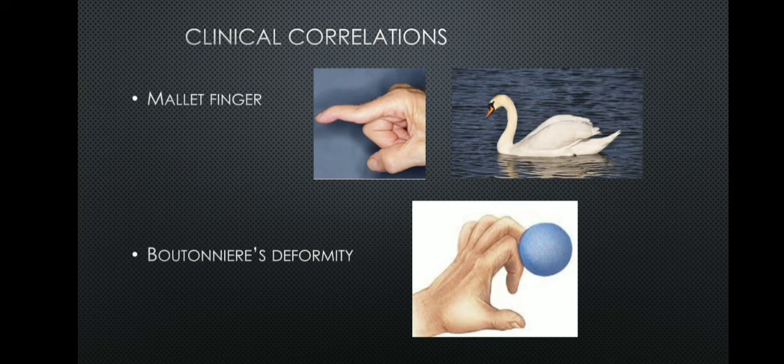This deformity is a common clinical sign for even rheumatoid arthritis, and this mallet finger, due to the insertion of the extensor tendon into the base of the terminal phalanx, might get torn due to a forceful blow on the tip of the finger that causes a sudden and strong flexion of the phalanx, and occasionally some small flakes of the bone may be avulsed, and consequently the distal phalanx assumes a flexed position with a swan neck deformity, and voluntary extension is impossible.